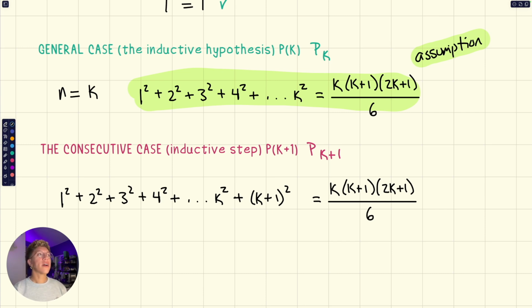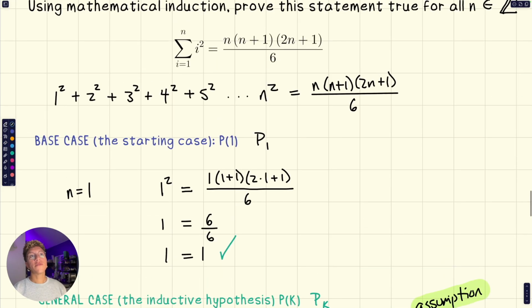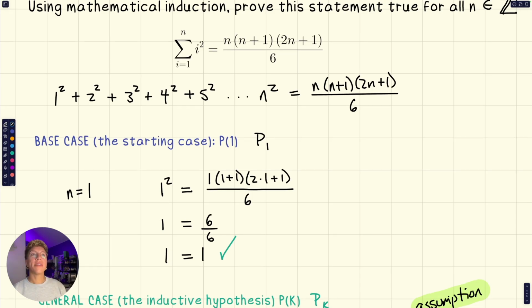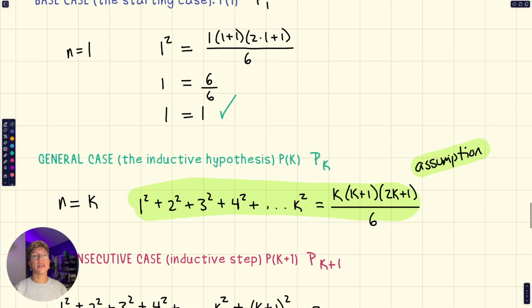And then over here on our right-hand side, we have to again take k plus 1 and plug it into our original formula. Every time there's an n, we're going to plug in k plus 1.